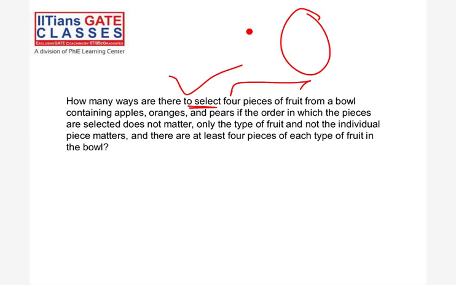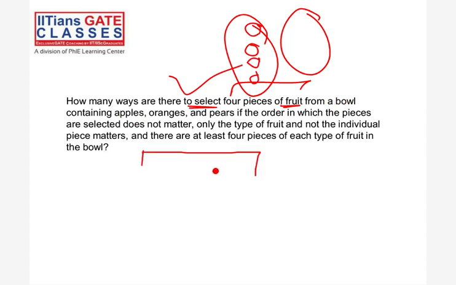You do not care whether in your polythene you first put the apple, then the mango, then the apple, then the orange. This kind of order does not matter. You are only interested in the selection of four pieces of fruit from a bowl containing apples, oranges, pears.